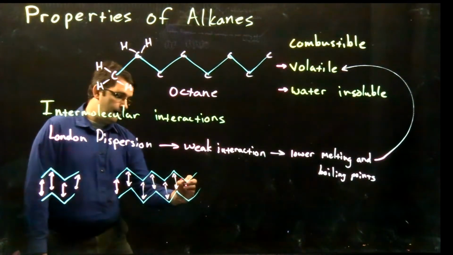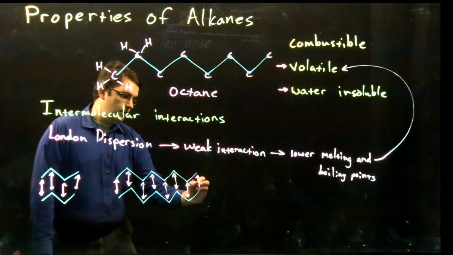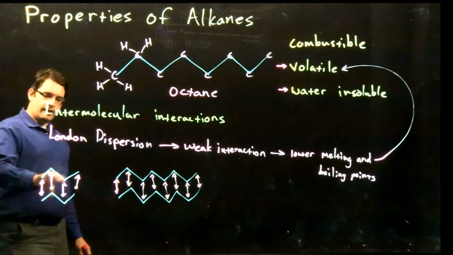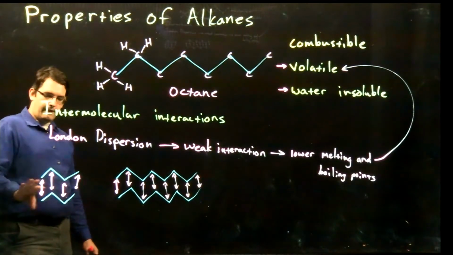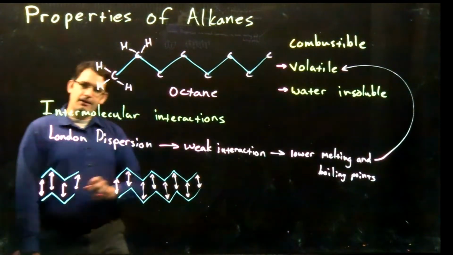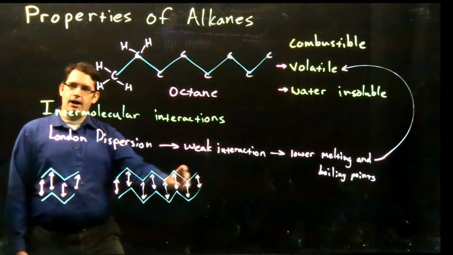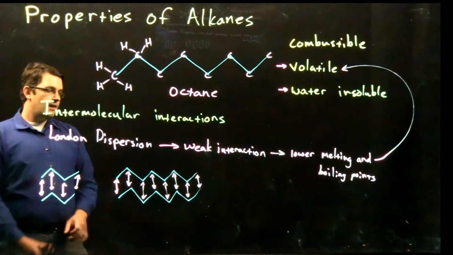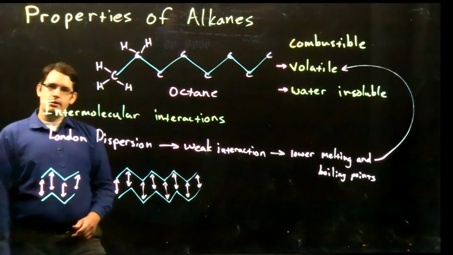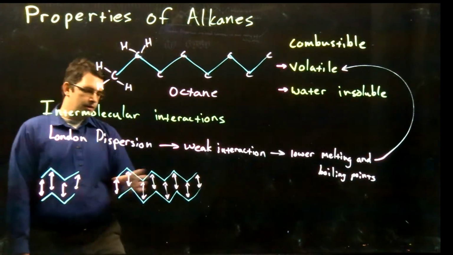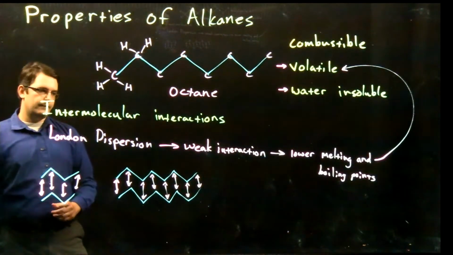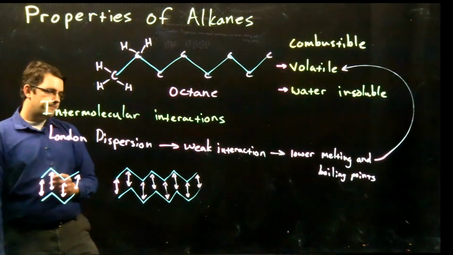And now if we compare our two alkanes, notice we have a few atoms here interacting. I have my 4 pink arrows representing the interactions between my 4 carbon atoms. Over here I have my 8 pink arrows between my 2 octane molecules. And what that shows is that we have a lot more interactions here just because we have a lot more carbon atoms and hydrogen atoms that can interact with each other through those temporary dipoles of our London dispersion interactions.